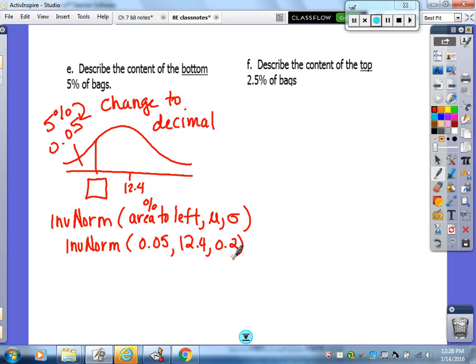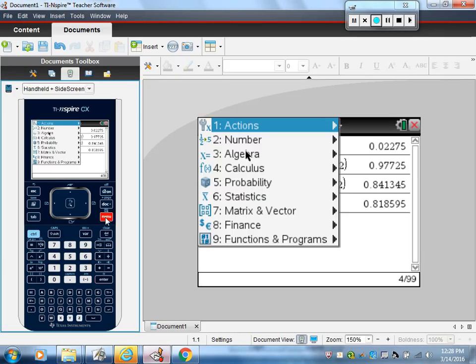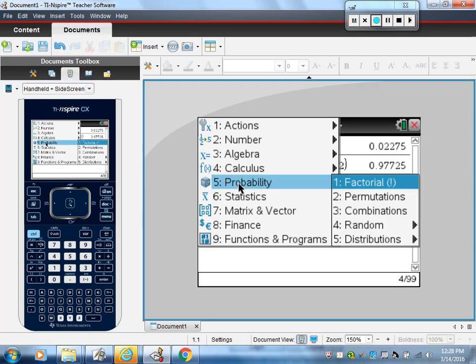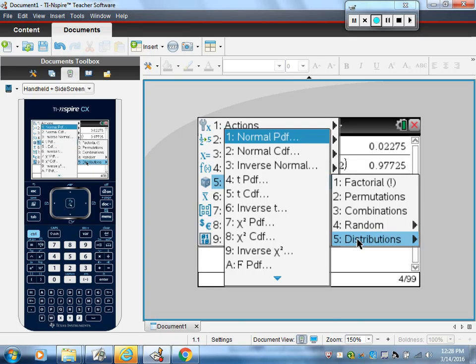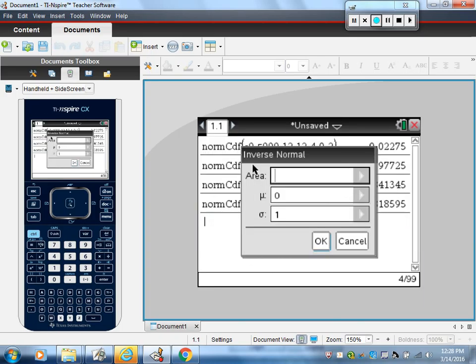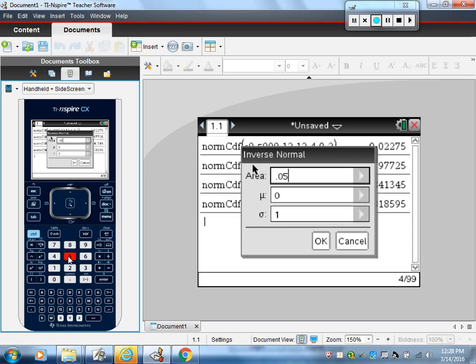All right, this is number 3 on that list. So calculator again, you're going to go menu, probability, distributions, and we want inverse normal, inverse norm. All right, this is area. You've got to remember this is always area to the left. So we want to put in 0.05 because it's the bottom 5%, 12.4 for mean, and 0.2 for standard deviation.